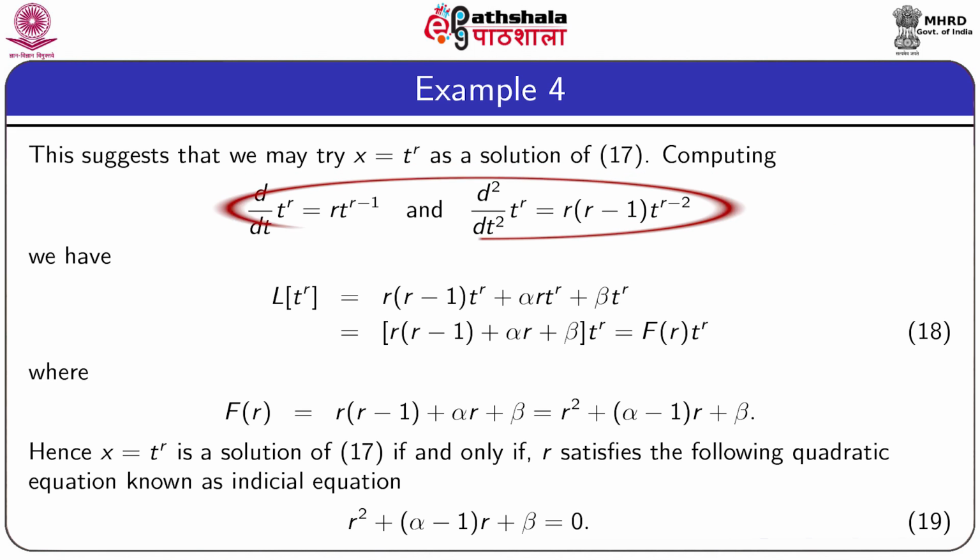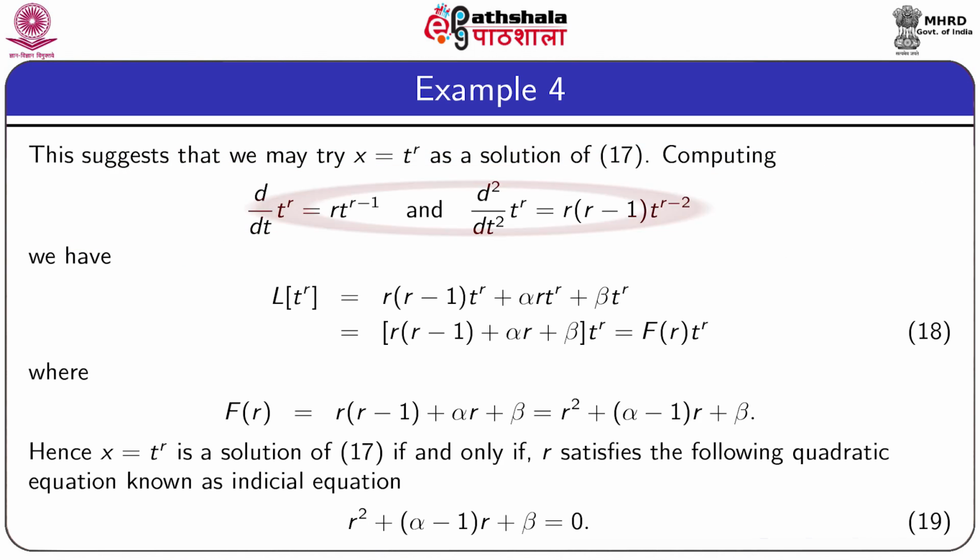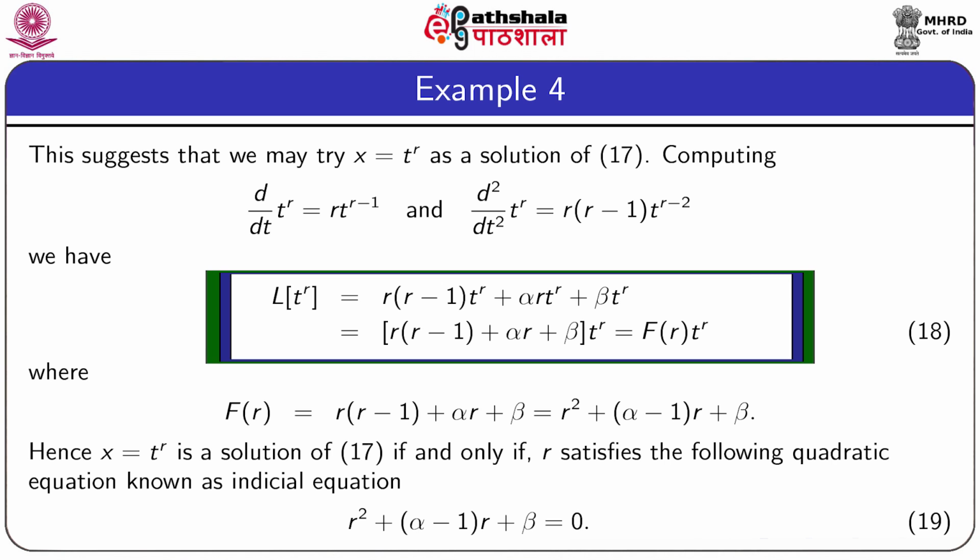We compute d/dt of t to the power r and d2/dt square of t to the power r, and we get r t to the power r minus 1 and r into r minus 1 t to the power r minus 2. And next, after substituting these values, we have r into r minus 1 t to the power r plus alpha r t to the power r plus beta t to the power r.